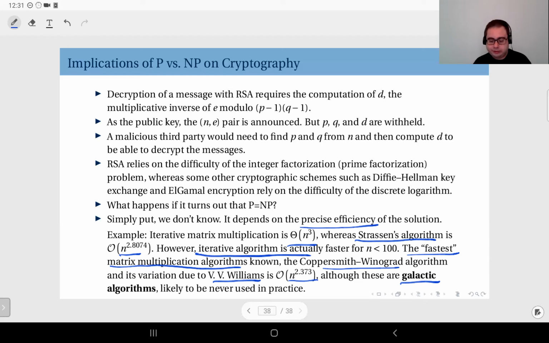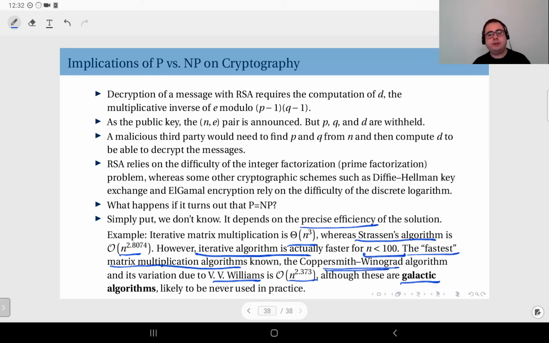Okay, so you see Strassen's algorithm is better if the input size is larger than 100. And it's even more dramatic with these algorithms, the Coppersmith-Winograd, etc. The threshold for these algorithms to become better than the iterative algorithm is so large that we will never use them in practice for actual matrix multiplication.